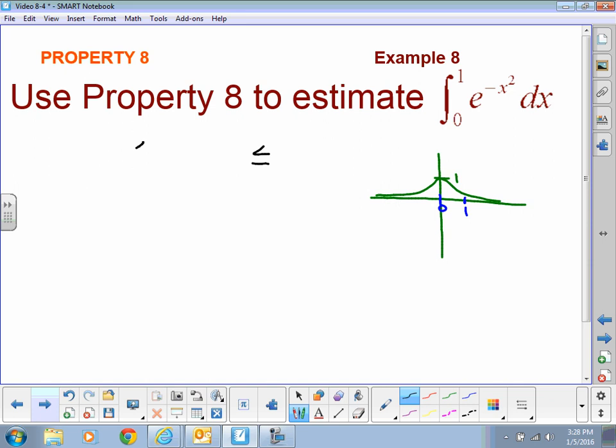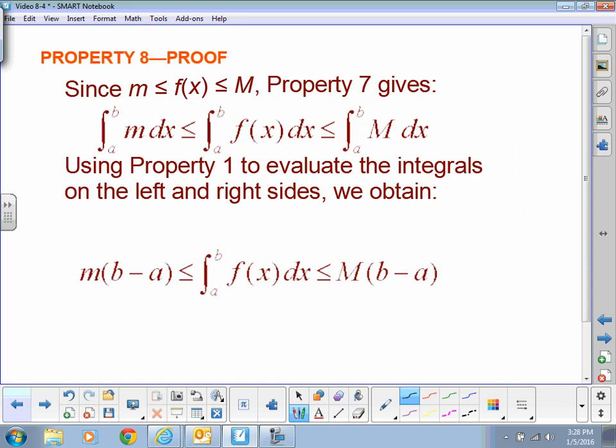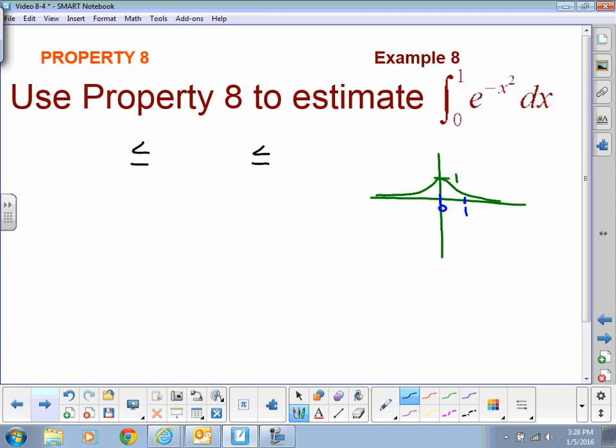So when we set up our inequality like we saw back on this slide, we're going to have this be when x is 0, and we'll have this be when x is 1. Because when x is 1, that's when our smallest value on the interval is, and when x is 0, that's when the largest value is.